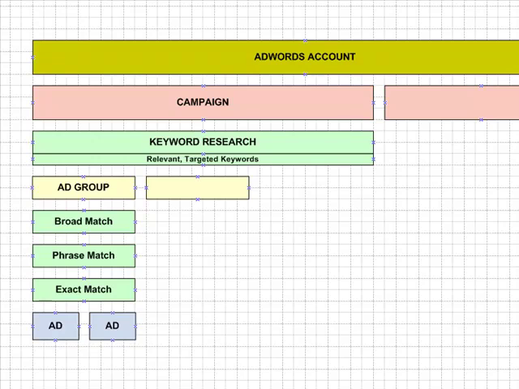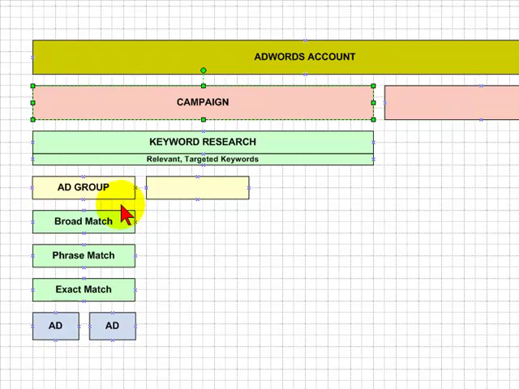On the screen now there's a diagram that you may have seen in one of the earlier videos, and the purpose of this diagram is to summarize some of the key components of an AdWords account. At the very top here is the main account that you open up online, and within each account you have a campaign.